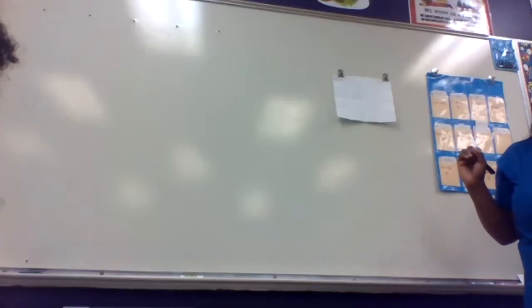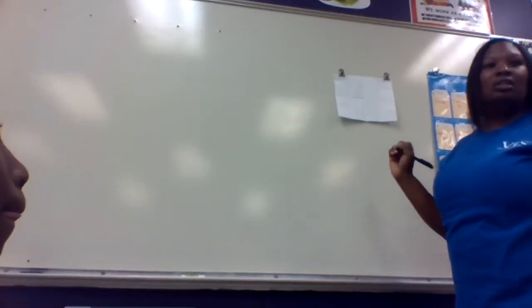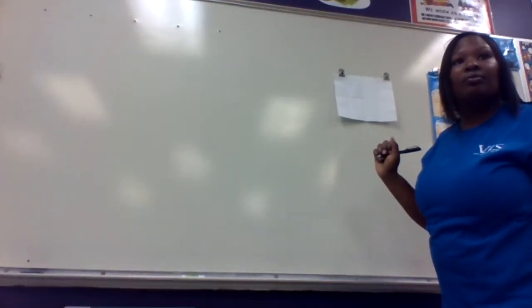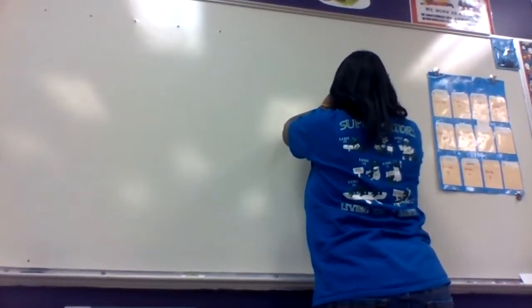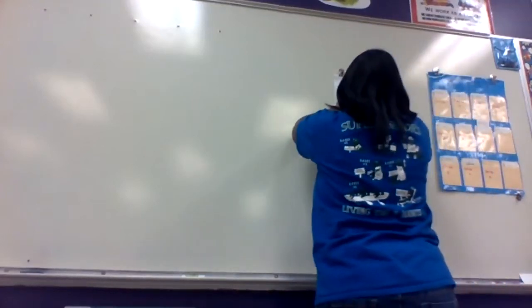Divisor is the first one. The next word is dividend. So write in the next square, dividend. The next one is quotient.